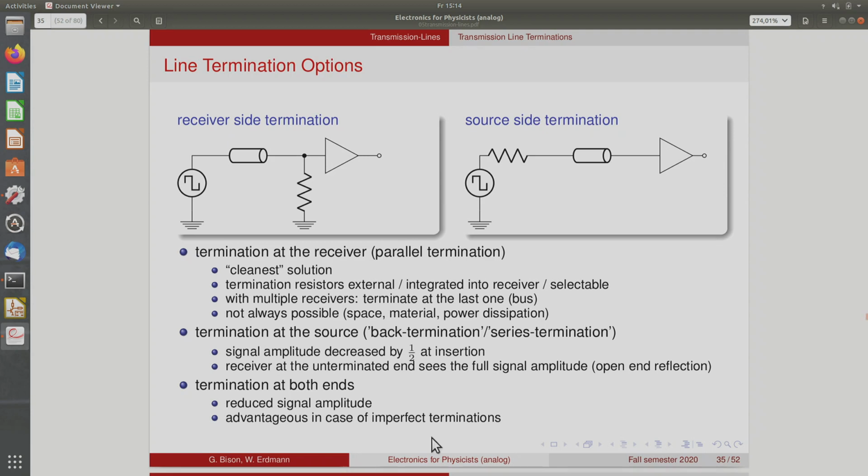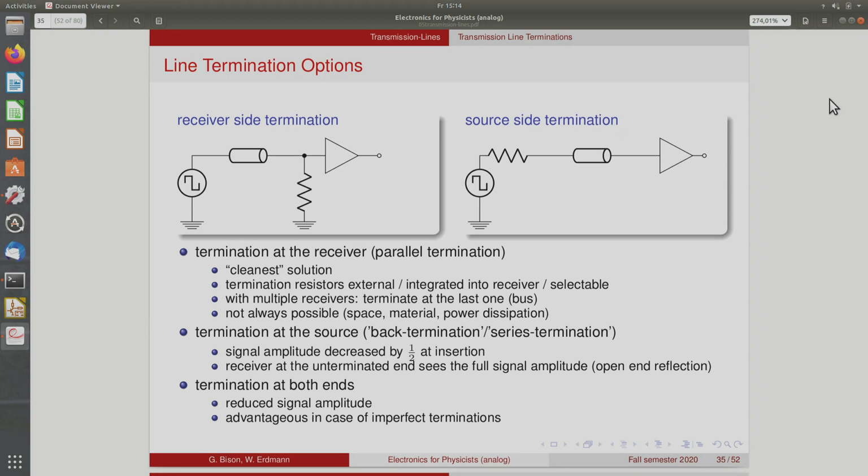In that case, you see an overall reduction of the amplitude by a factor 2. So then the receiver will see only half the amplitude, because you decrease it here by a factor 2, and you don't get it back from the reflection coefficient at this point. So you need to be able to afford this loss of amplitude, but it has the advantage that any reflection or any imperfection that happens along the line will be absorbed quickly at one of the ends of the cable.